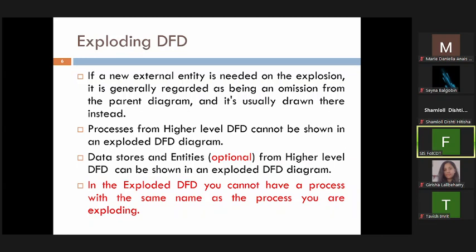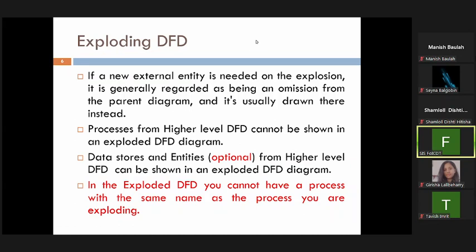If there's a mistake, I don't want you to pay for something that you didn't order. So first 3.1 is validating. Then 3.2 is make a request for payment. Then you give the money or credit card. And the next process, you're settling the payment. Then the student writes 3.3 payment again. This is not allowed. You are exploding process number 3, payment.